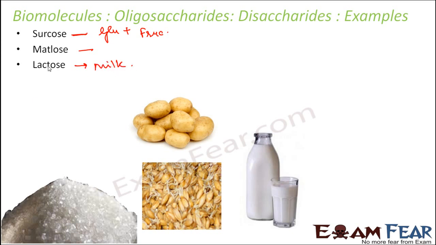The word lactate, lactic acid, the word lact is related to milk. Maltose is made up of glucose and glucose, that is 2 units of glucose. Lactose is made up of 1 unit of glucose and 1 unit of galactose. These are very common examples of disaccharides.